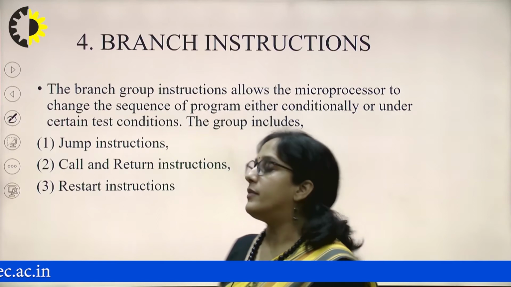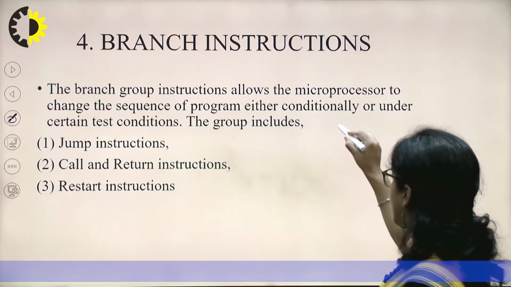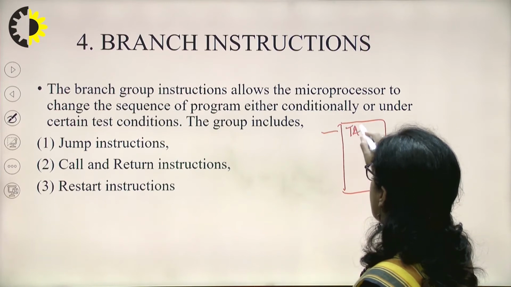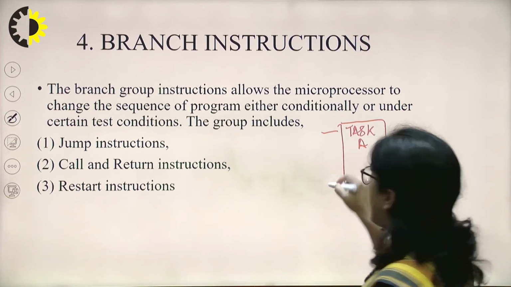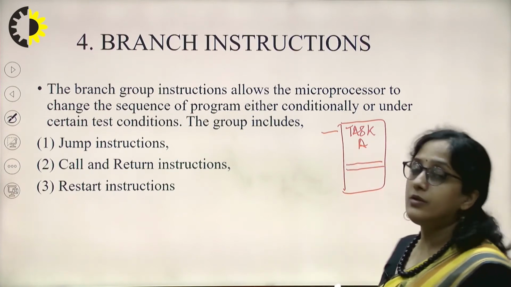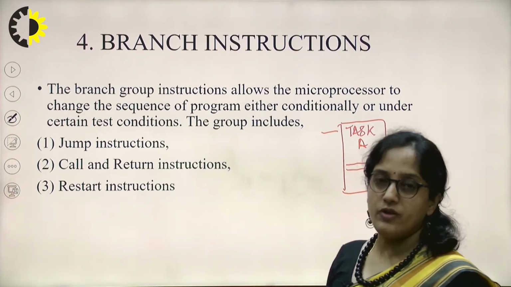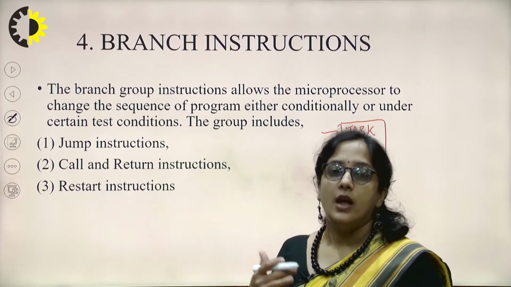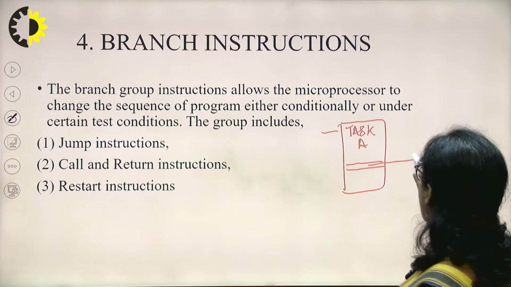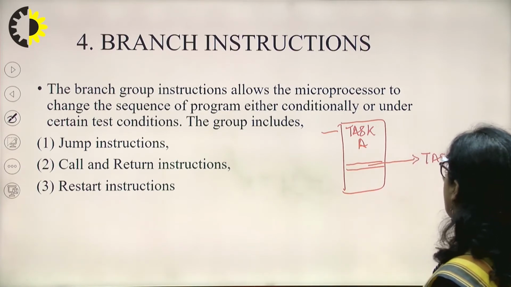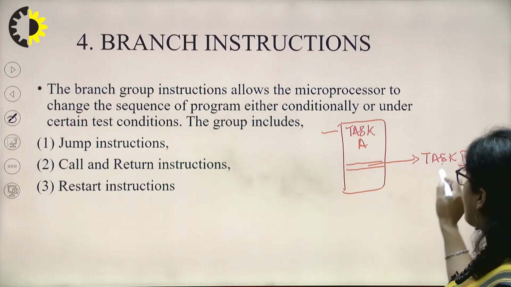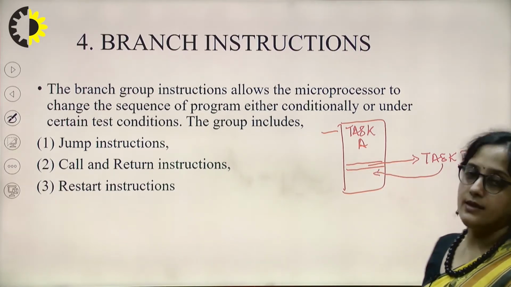For example, we have given some task to the microprocessor, task A. When the microprocessor is performing this task A, in between, with some condition or without any condition to be satisfied, that is conditionally or unconditionally, we want that task B has to be executed. And after execution of task B, the microprocessor has to return to the main task A.